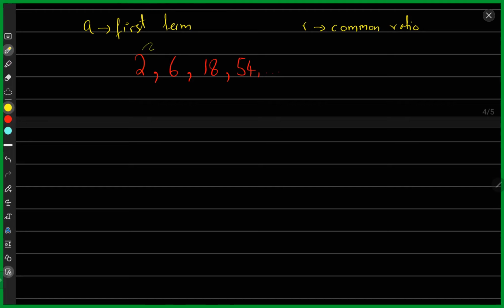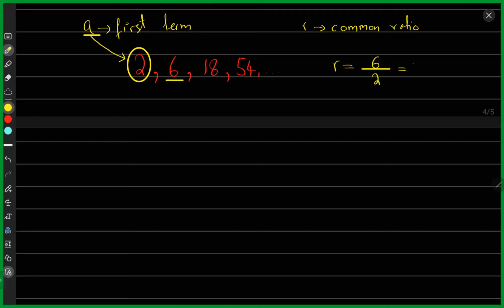What is A? A is the first term, that's same. This was the first term for arithmetic progression as well. A is always the first term in sequences and series. And how do I find R? In order to find R, pick up the second term, 6, and divide it by the previous term, that is 2.